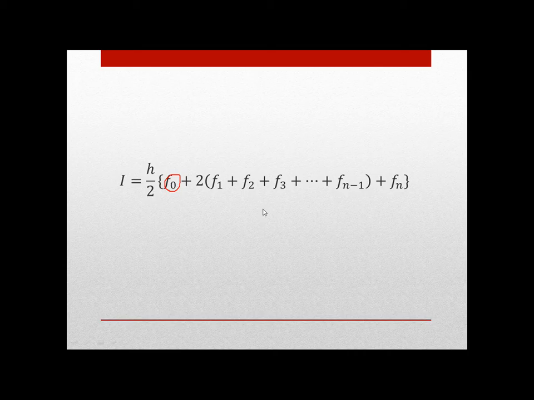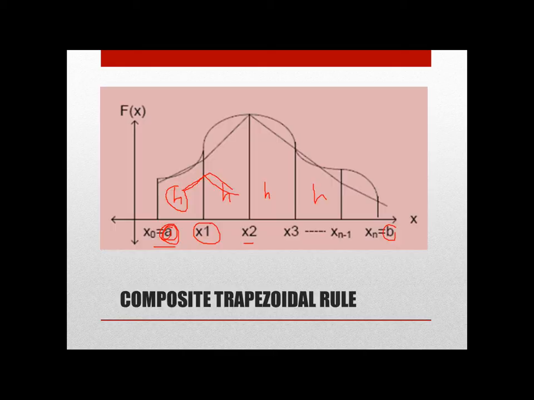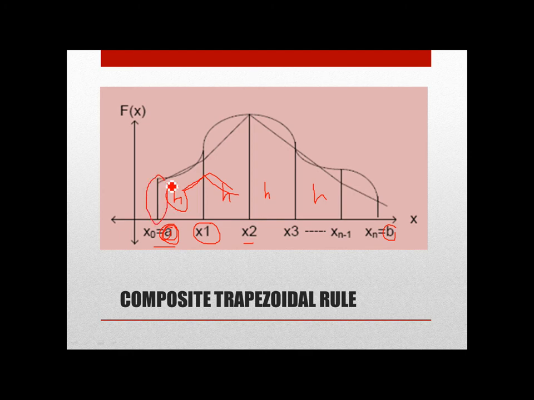Now, how are we going to solve for the value of the h? The value of h will be b minus a all over n. Your n there corresponds to your number of stripes. If we go back to our figure, the number of stripes there is this one, this one.